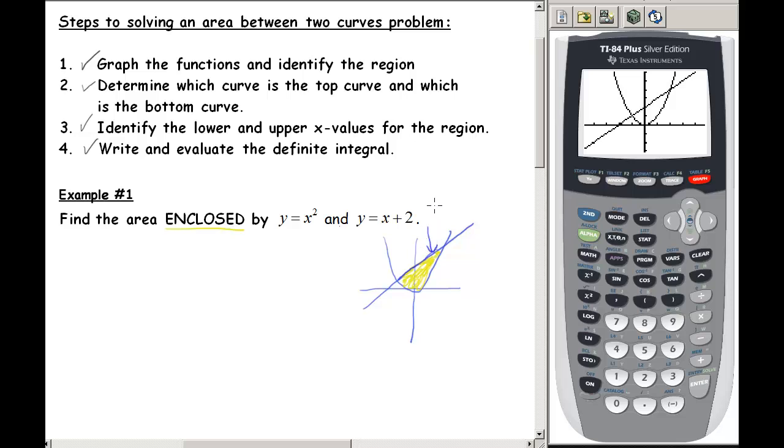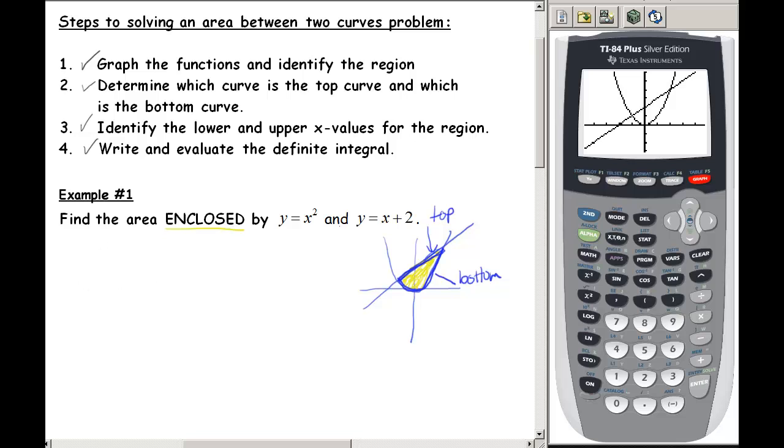This curve right here, this is the top, and it's actually a line. And this right here, this is the bottom. Okay, this side here makes the top because it creates the top side of our shape, and this here is the bottom because it creates the bottom side of our shape.